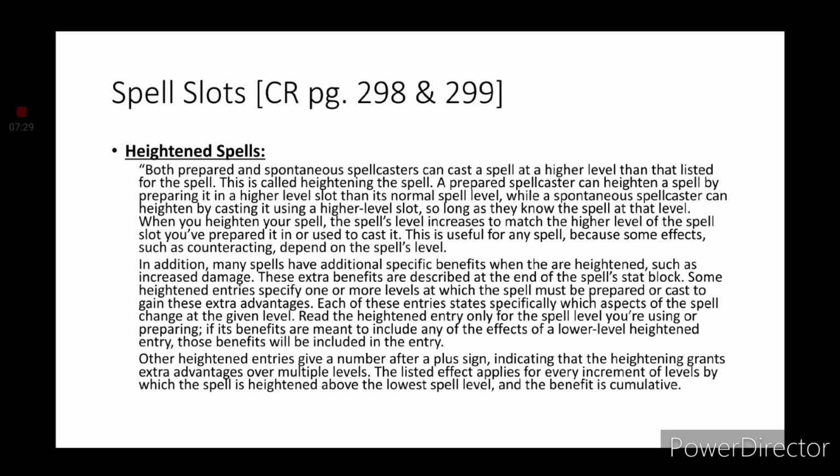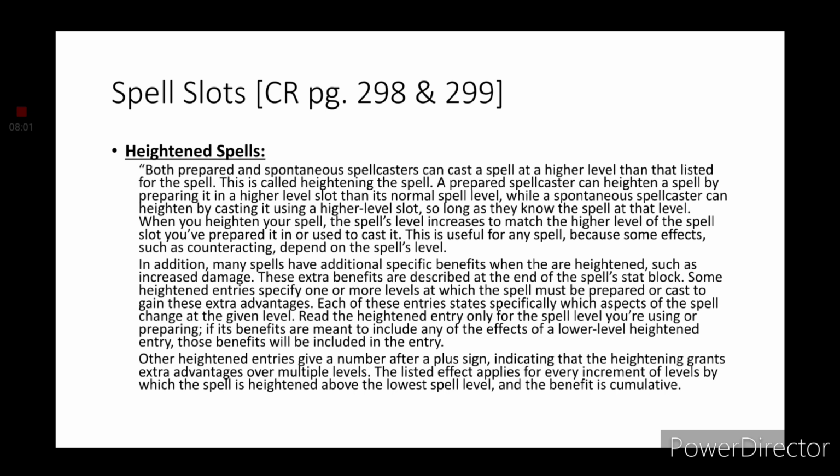A prepared spellcaster can heighten a spell by preparing it in a higher level slot than its normal spell level, while spontaneous spellcasters can heighten by casting it using a higher level slot, so long as they know the spell at that level. When you heighten your spell, the spell's level increases to match the higher level of the spell slot you've prepared it in or used to cast it.